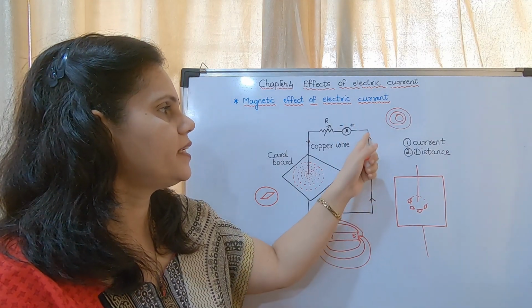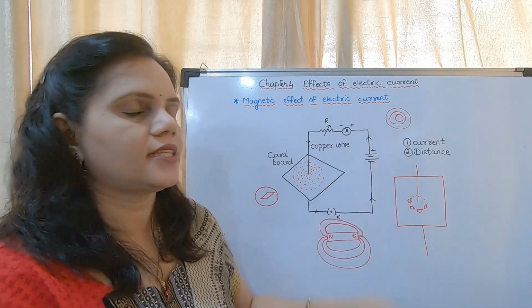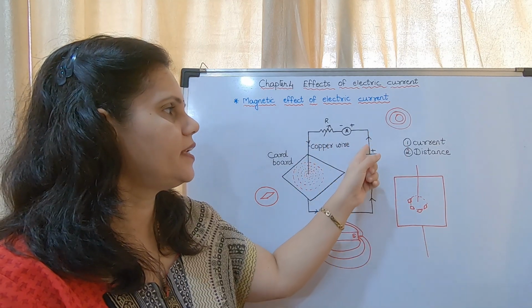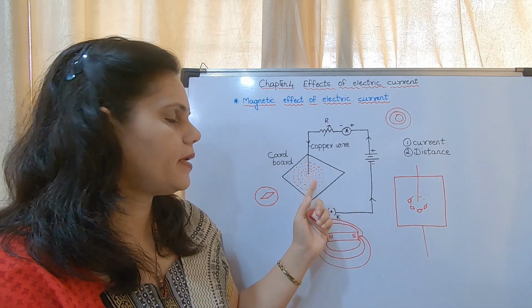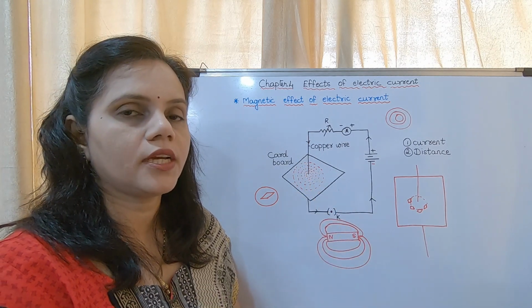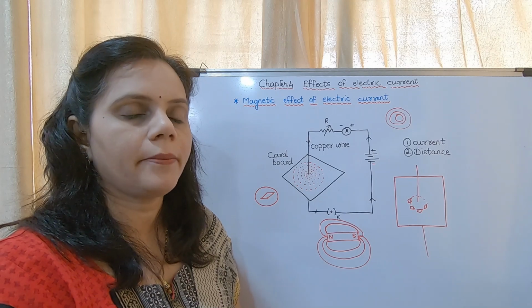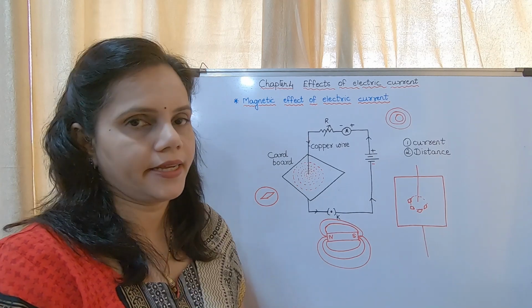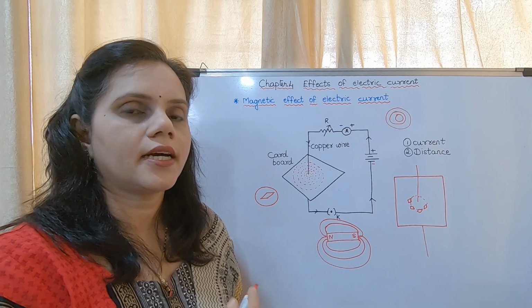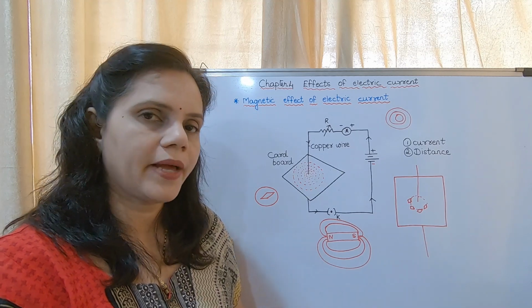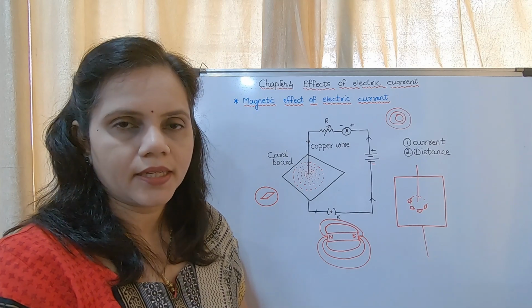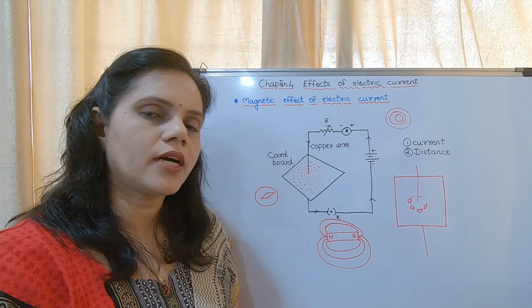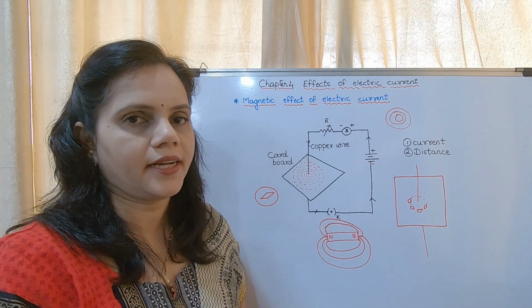Now, if we increase the current, the first factor is current. If we increase the current passing through this wire, then what will happen to the magnetic lines of force? It will become more. The magnetic effect will increase, because the current is directly proportional to the magnetic effect. When the current passes, there is magnetic effect. When there is no current, there is no magnetic effect.